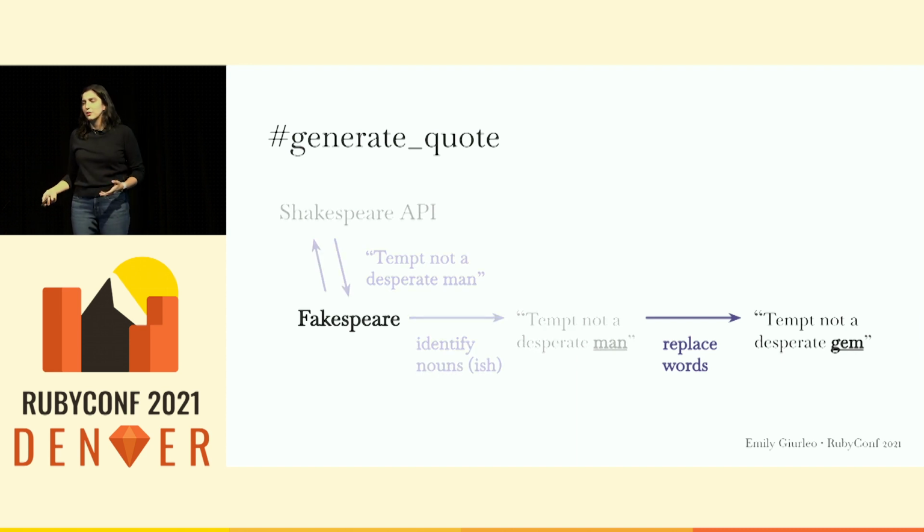The last step of the generate quote method is that it takes those nouns, which may or may not be nouns, sometimes they're verbs, in the Shakespeare quote, and replaces them with randomly generated Ruby words. This case is really hard to test without mocking because the words are randomly generated. The outcome is not going to be the same every time. So by mocking that random generation, we can make this non-deterministic part of our test deterministic.